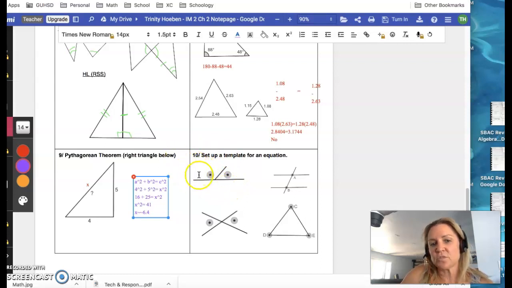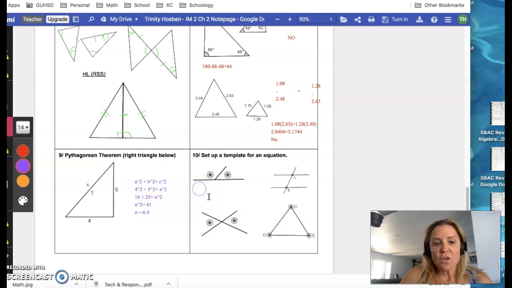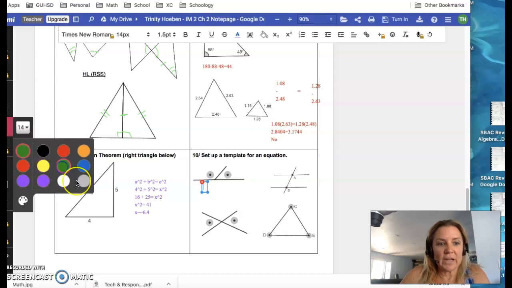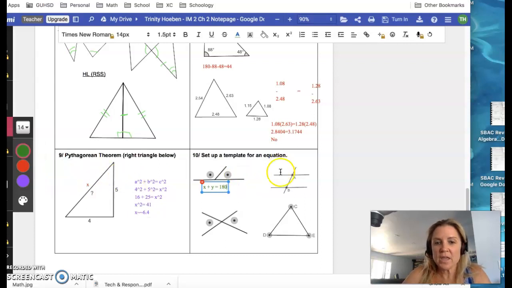A full circle is 360, so half of that would be 180. So this angle plus this angle is going to be equal to 180. So I'm going to call those angles x and y. Let's go green. Okay, so I'm going to say that x plus y equals 180 degrees.